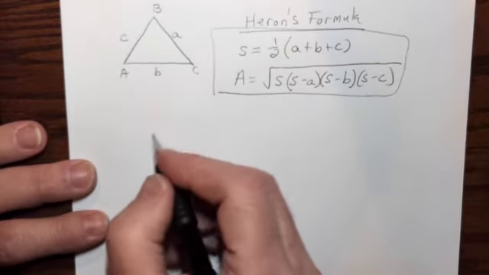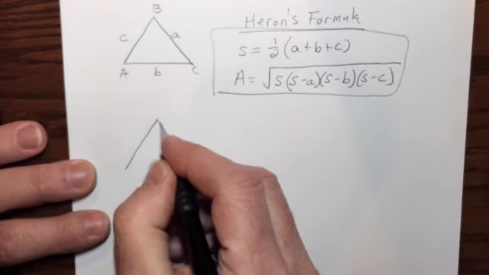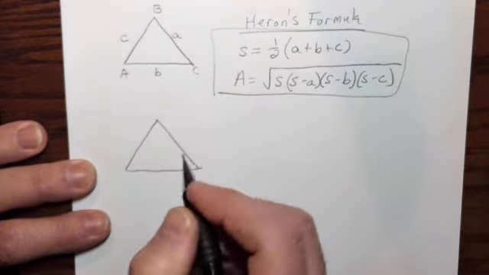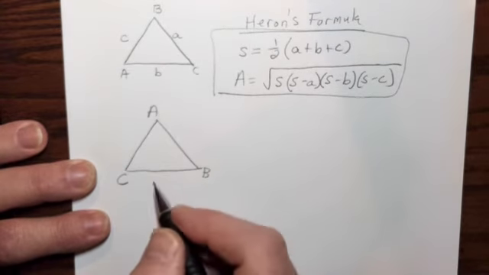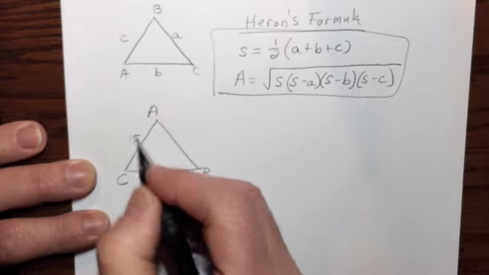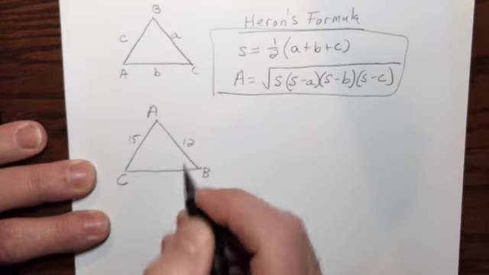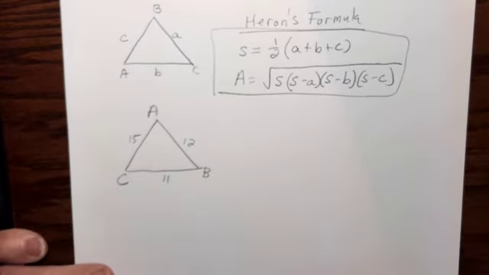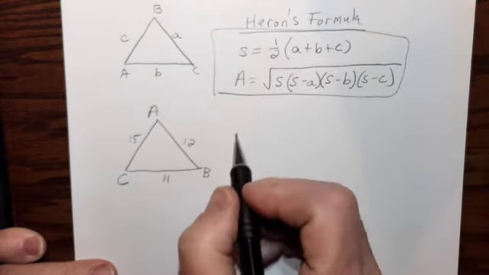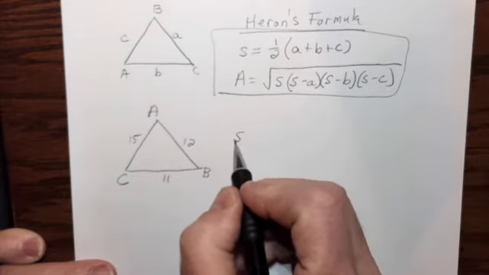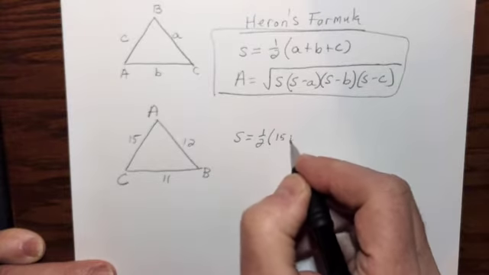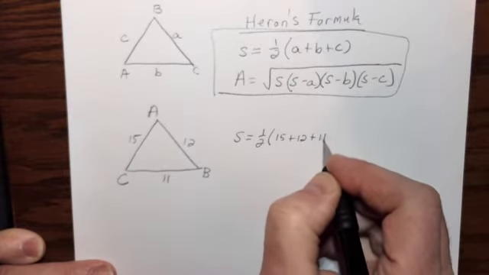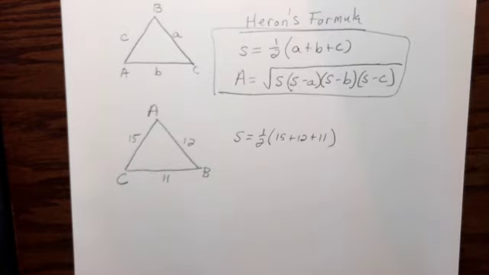So let's just look at an example. Let's say I had a triangle, and I'll label it ABC here like this. And let's say that this side was 15, this side was 12, and this side was 11. So then I find the semi-perimeter. I find S. It's 1/2, and I add up the sides.